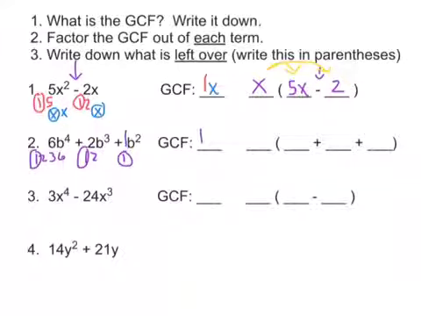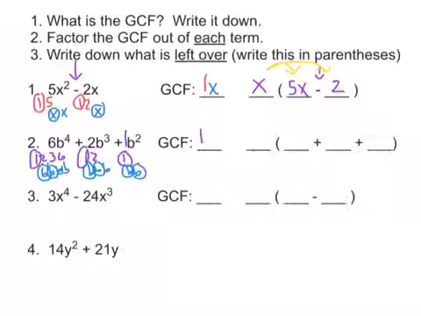All right, let's take a look next at our variables. b to the 4th is b times b times b times b, and b to the 3rd is b times b times b, and b squared is b times b. All right, so what is common here? Well, I do have a b in every term. I actually have another b in every term.